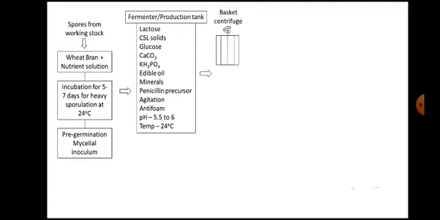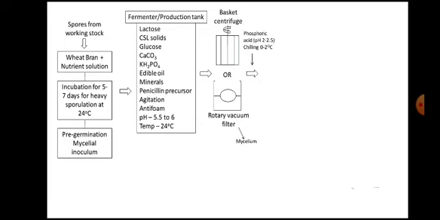After the fermentation is over, the fermentation broth will go to a basket centrifuge, or there may be use of a rotary vacuum filter that will separate insoluble impurities like mycelia. These mycelia are washed several times and the wash water will return back to the main tank.